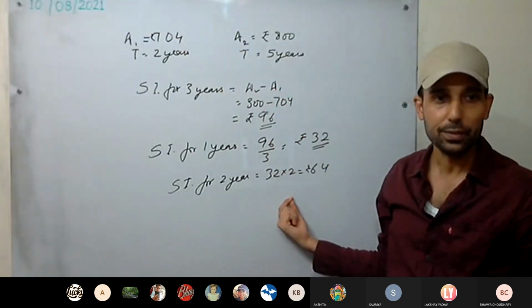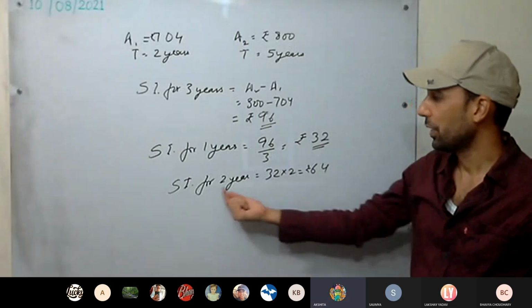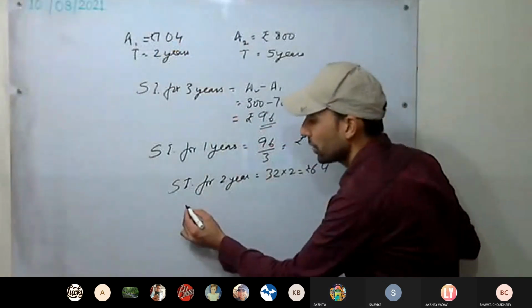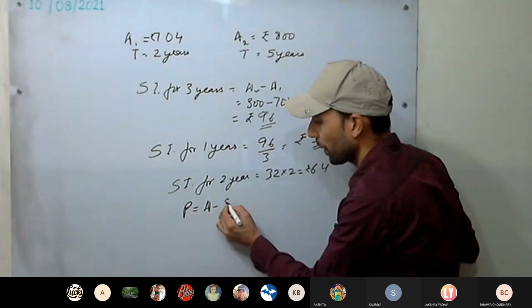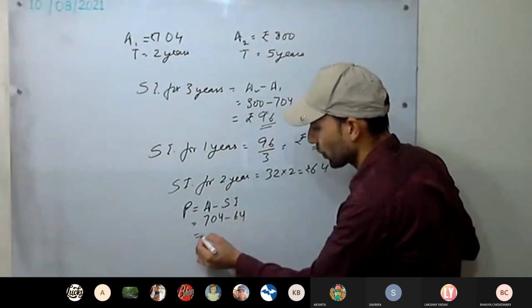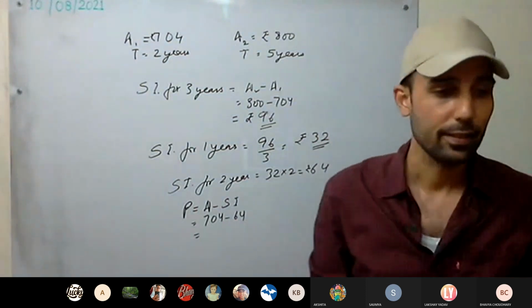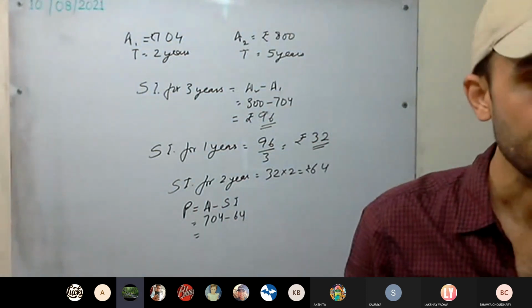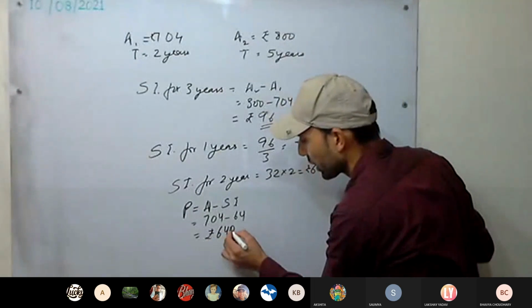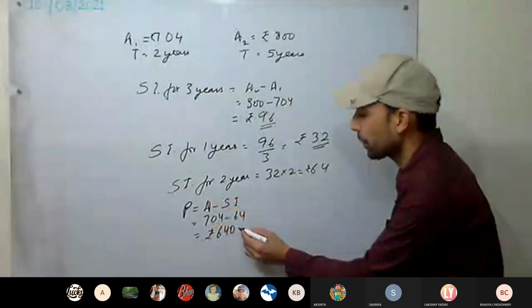Can we calculate the principal? Principal equals amount minus simple interest. 704 minus 64 rupees. How much is it? 640 rupees. So you have got the principal.